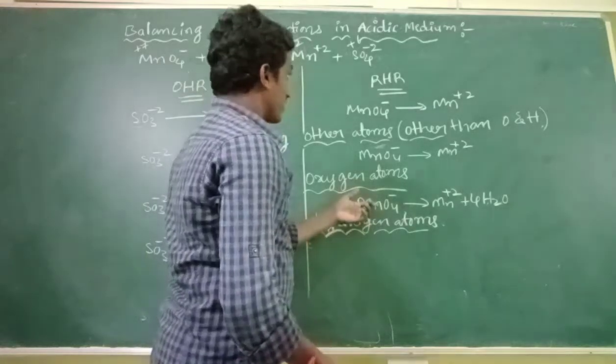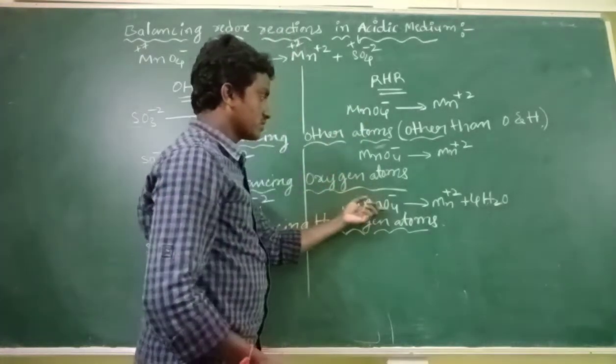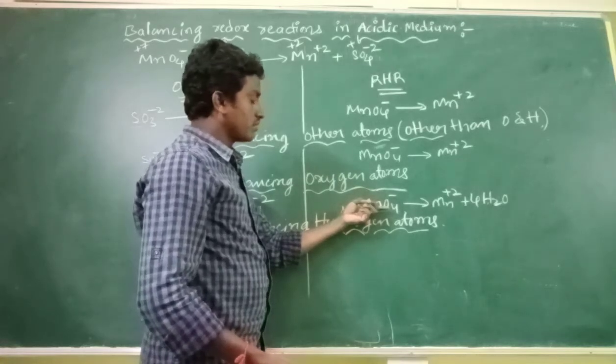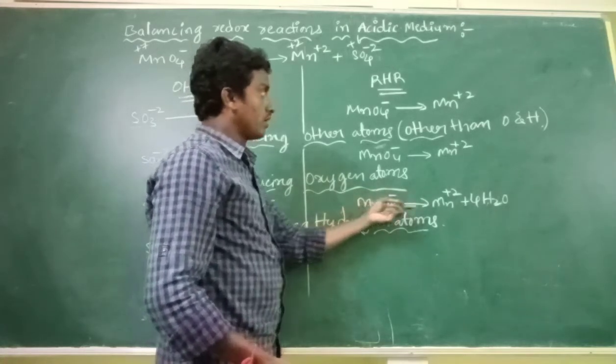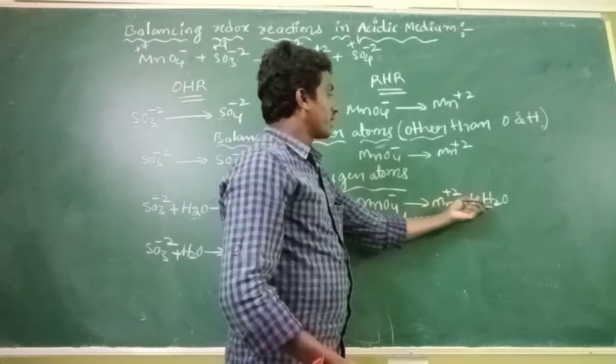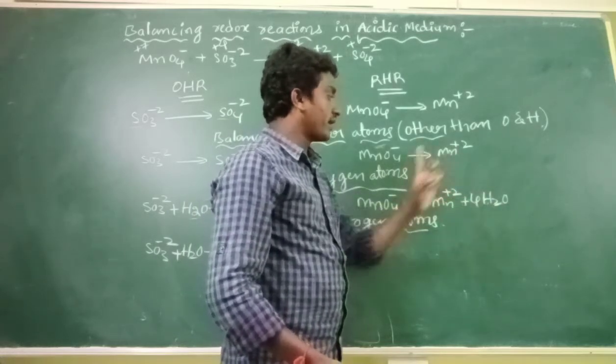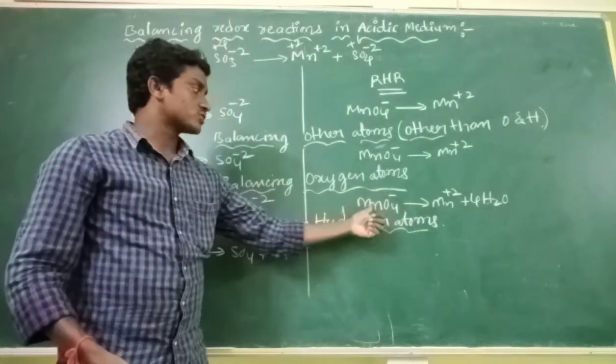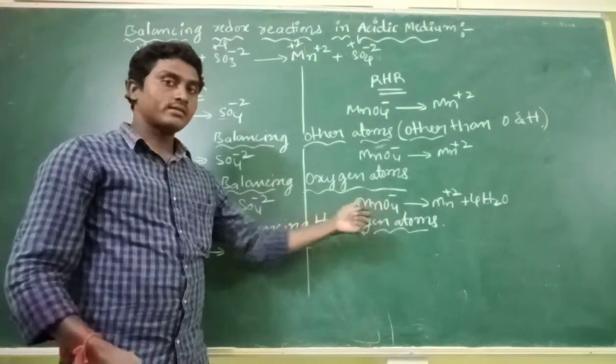Next, in this equation, the reduction reaction: on the left side no hydrogens are present. On the right side, 4 twos are 8 hydrogens are present. So we have to add 8 H plus ions to the left side of the reaction.